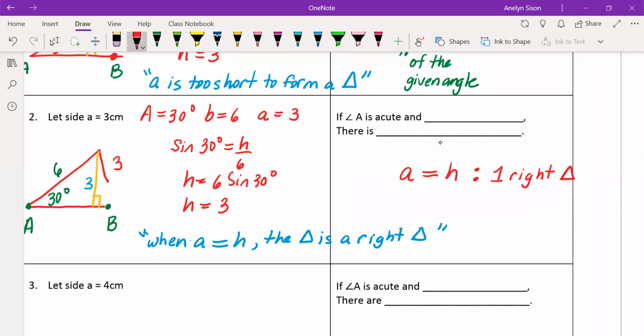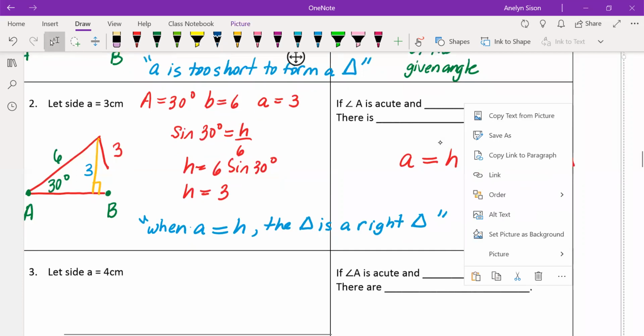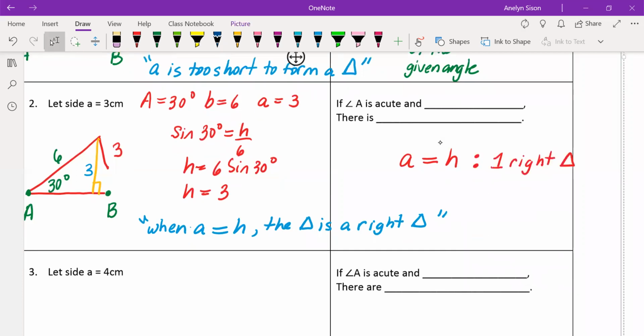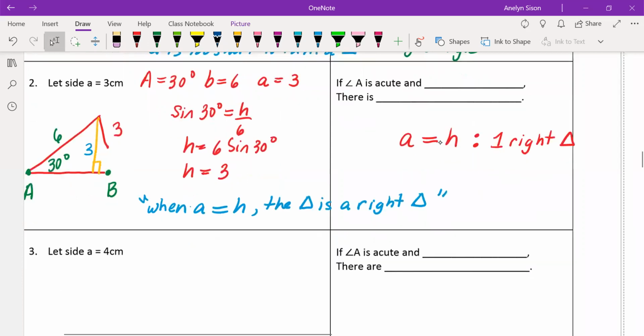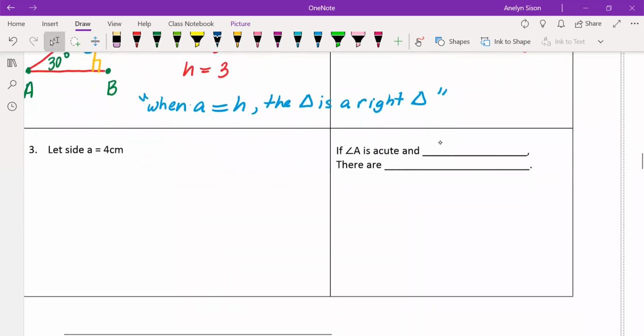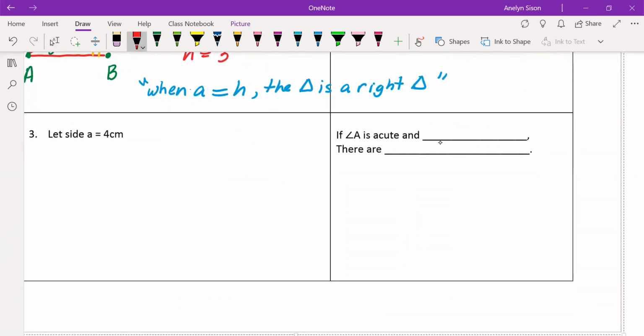All right, let's go to the next one. This time we are given the same numbers. A is equal to 30 degrees, b is 6, and a, they gave us 4 here. So a is 4.